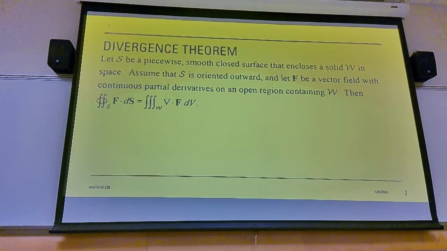Let's just write a closed surface integral as a triple integral. So the flux of F through the closed surface S, where S encloses a region W, can be written as the triple integral over W of the divergence of F.